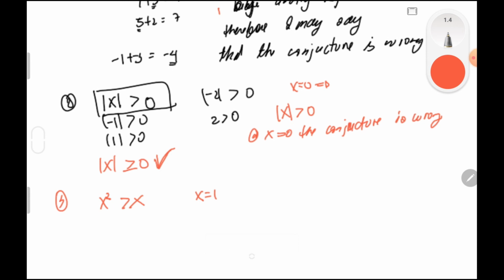Isn't it that the square of any number, the square of 1, is always equal to 1. Okay? So therefore from this proposition, 1 is greater than 1, so therefore the conjecture is wrong.